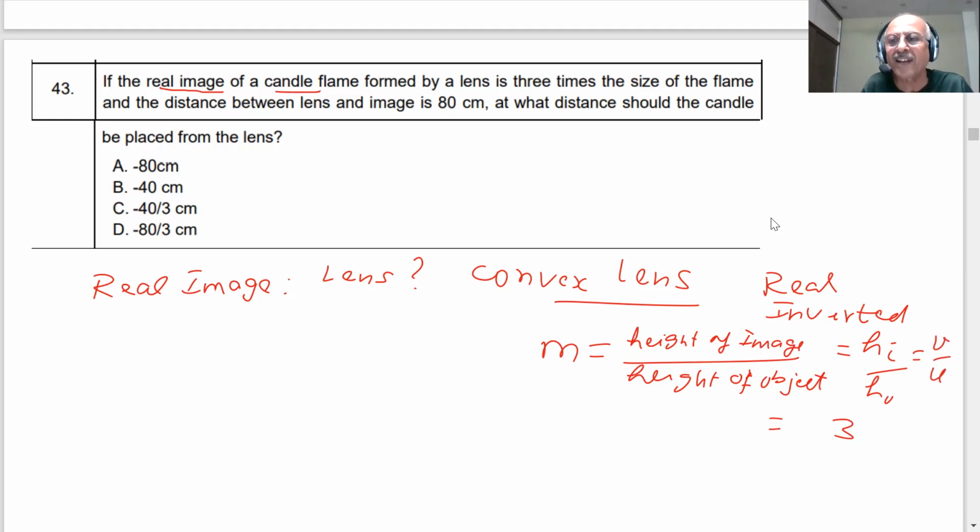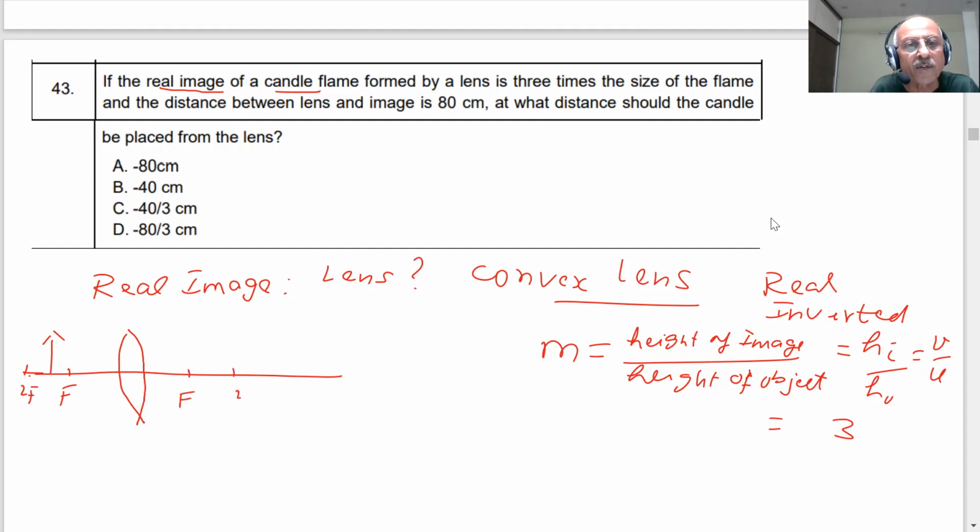But it is a convex lens, student. Since it is a convex lens, what will be the magnification? Let us see. This is my convex lens, student. Real image is formed three times. If this is my F and this is my 2F, and you have an object something like this, and this is your F and this is your 2F, what will happen, students?